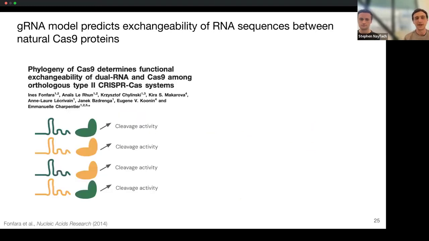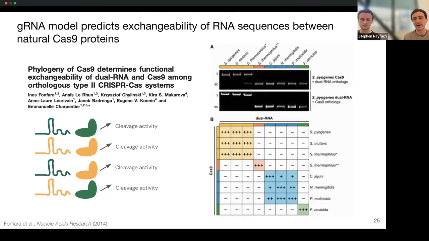The second experiment we did is one in which we reanalyzed a data set published in 2014 by Fonfara et al. In this study, the authors measured the nuclease activity of Cas9s paired with their cognate guide RNAs, as well as the activity of Cas9s paired with guide RNAs from different orthologs.